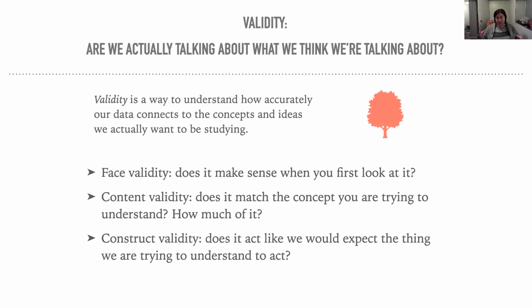And then construct validity is, if we would expect this thing to behave in a certain way, does it behave that way? So this might be the moment where people were like, wait, you thought the US was a democracy before 1950? Because that's got major errors based on what we know. So all of this is to say that these different forms of validity are a positivist way.